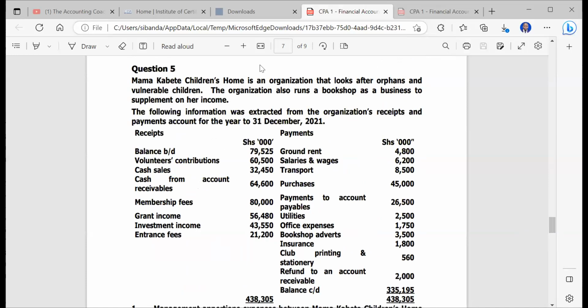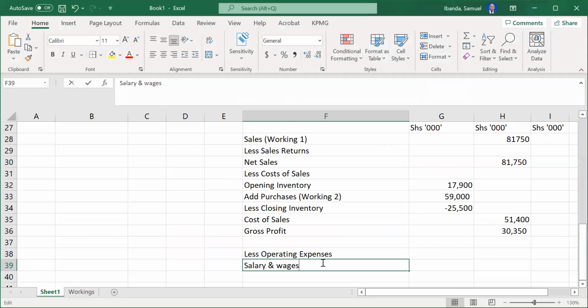So I'll just come here. This one, I'll not even do a working. I'll just put in bracket and say 20%. Let me use words. 20% of 6,200.